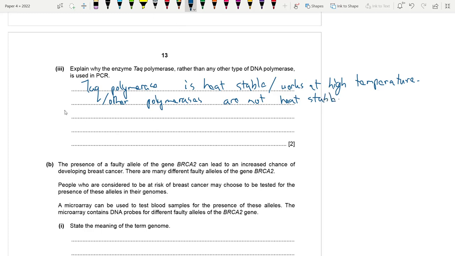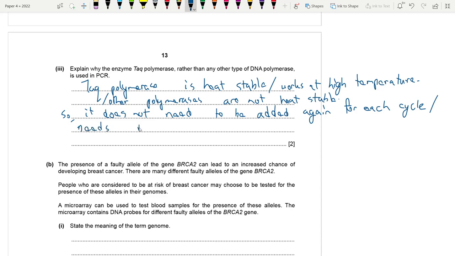So what's the benefit? It does not need to be added again for each cycle. Or you could just say that it needs replacing only after a number of cycles.